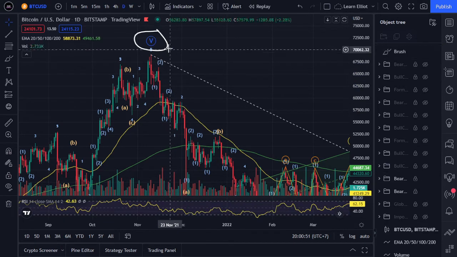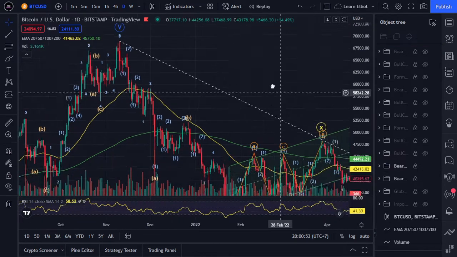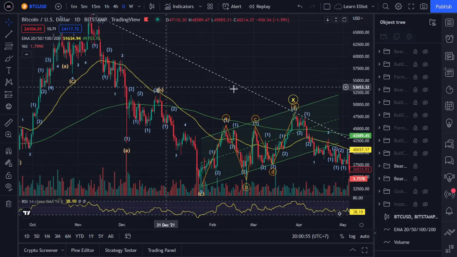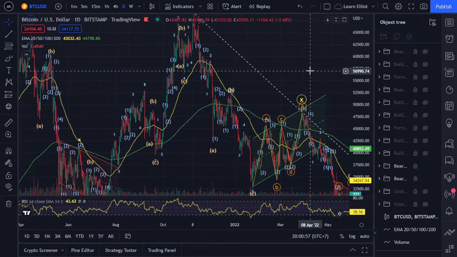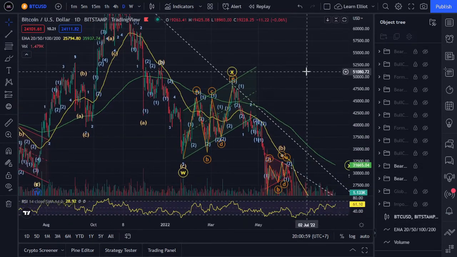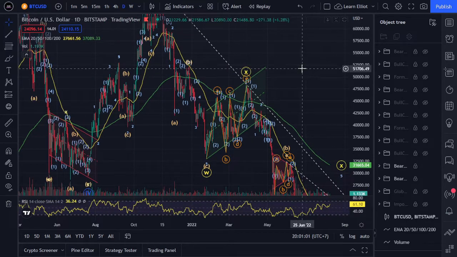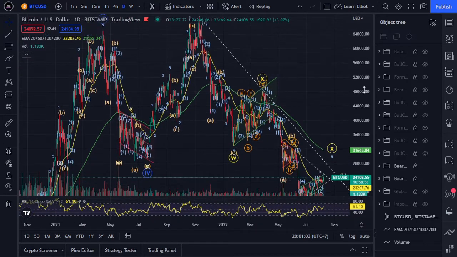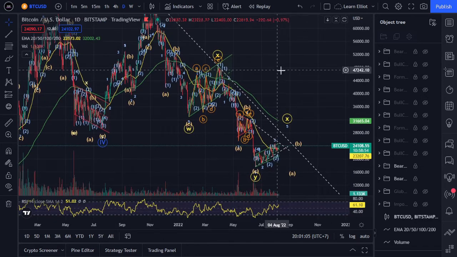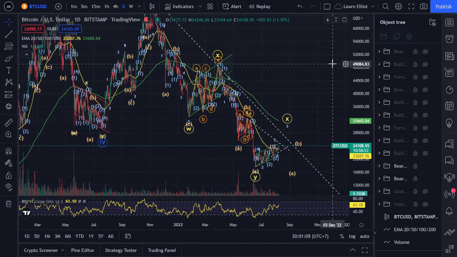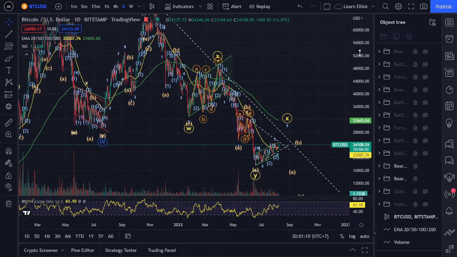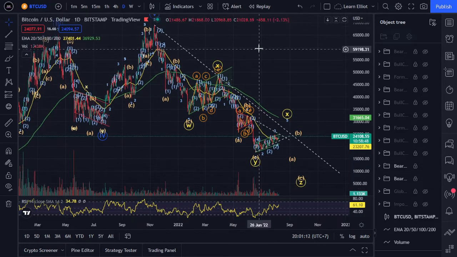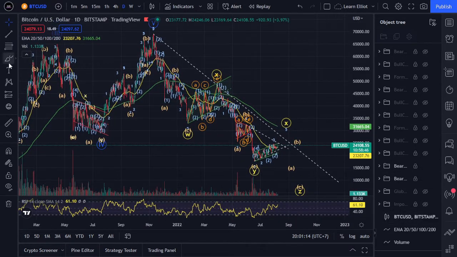In this corrective move you can say it's an impulsive wave down, 1 2 3 4 5 wave down, but I'd rather say it's a corrective triple wave correction, WXYZ. So I'm going to show you this.